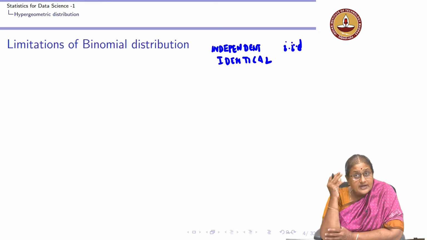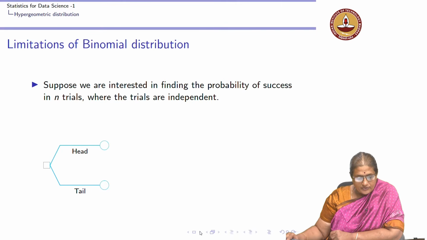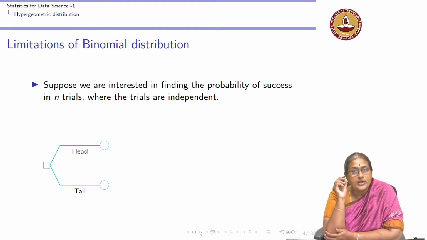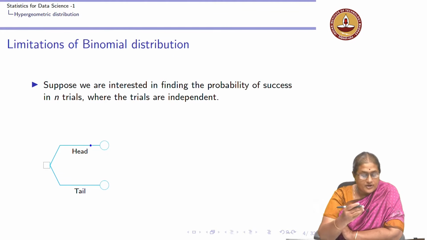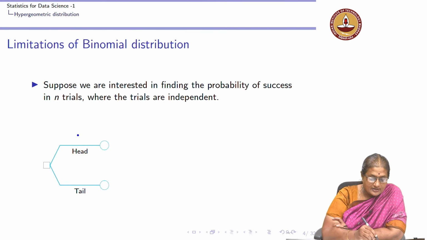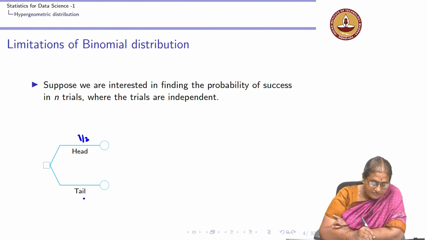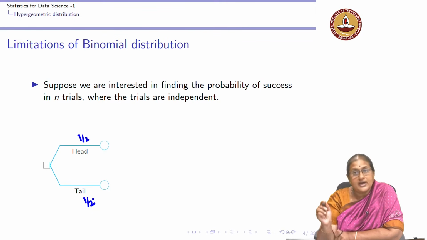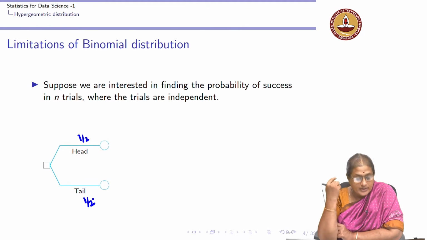Now, what exactly did we mean by independent and identically distributed trials, Bernoulli trials? If you recall, when I toss a coin once, I have two outcomes. I assume it's a fair coin, so head occurs with a probability half, and tail occurs with a probability half. Now, this is one trial of my Bernoulli experiment.